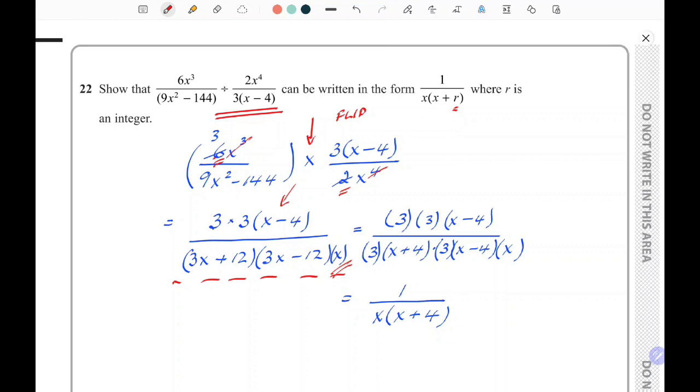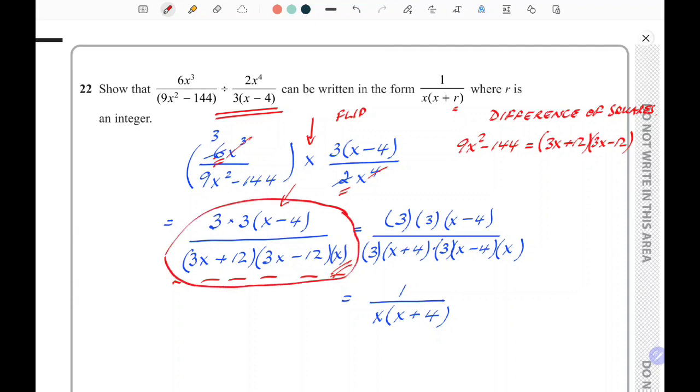And the other thing I've done, perhaps 2 steps in one, is that 9x squared minus 144, I've taken that as being 3x plus 12 times 3x minus 12, difference of squares. There we go. All right. It's a result that you're expected to recognize. So when we put all that in, this is what we get as our first statement.